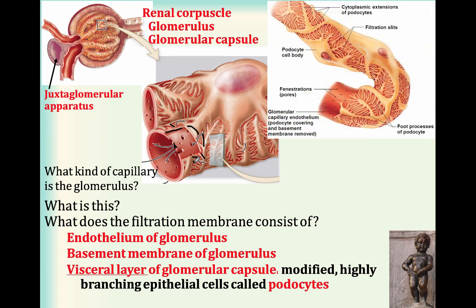Here you can see another picture of what we just talked about. Here's our fenestrated capillary. And this one, you really can't see that basement membrane, but then you can see a couple of different podocytes with those foot processes that exist. And again, they interdigitate.